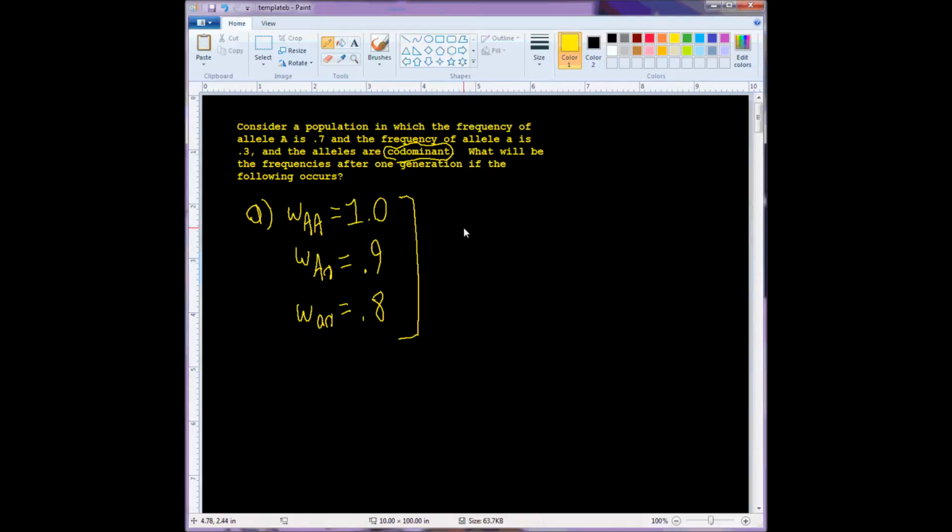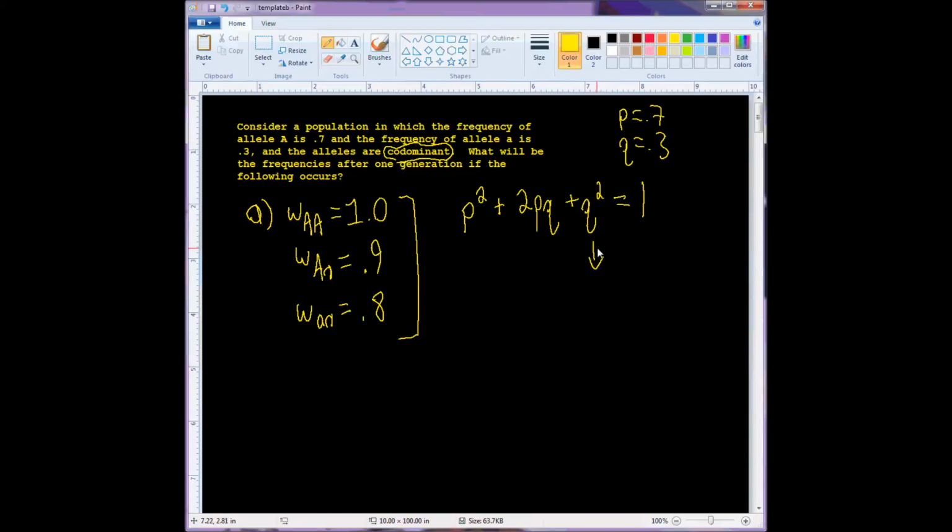We are going to use our formula here, p squared plus 2pq plus q squared equals 1, and we know q equals 0.3 and p equals 0.7 in this current generation.